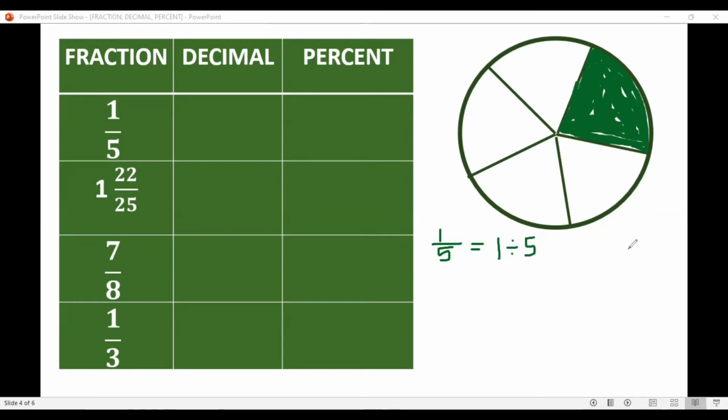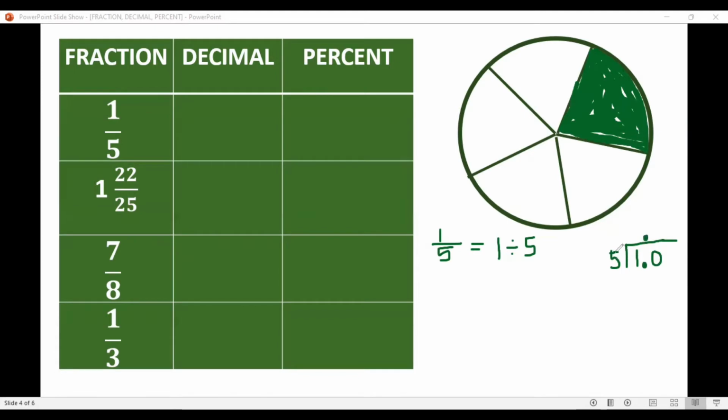So we simply have 1 divided by 5, but division cannot be done unless we add a decimal point, so we append 0.0. Now we can proceed to the division process.